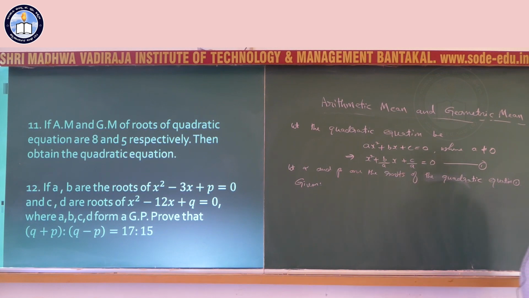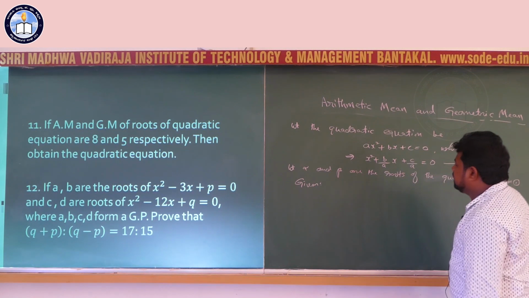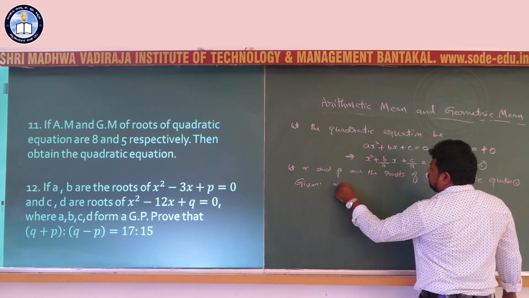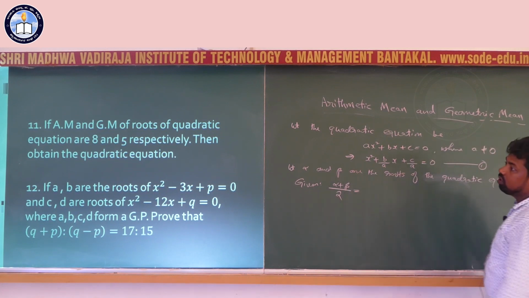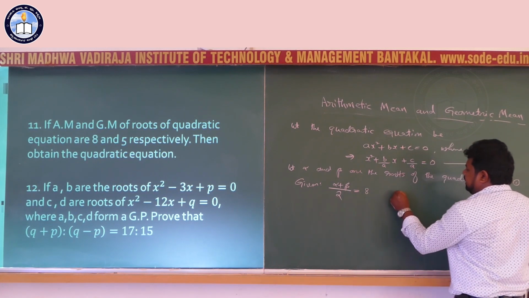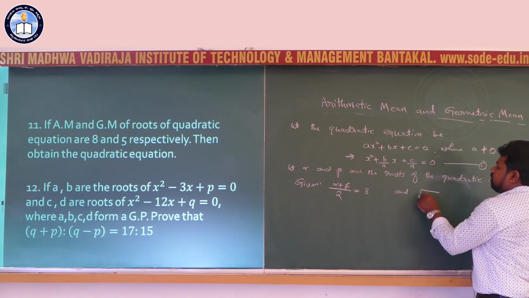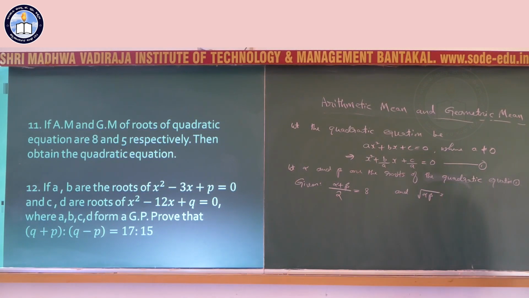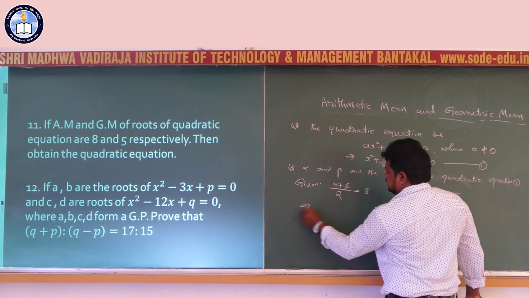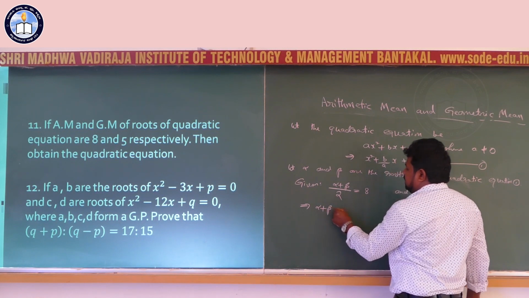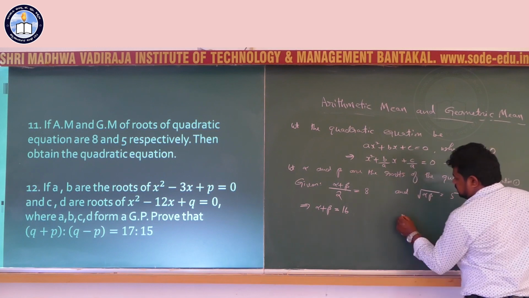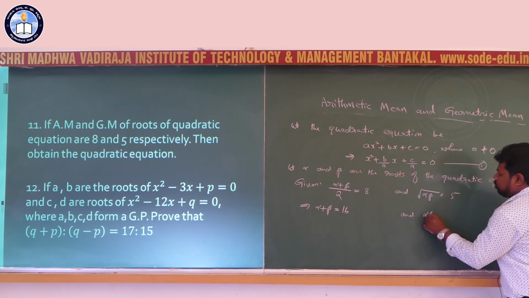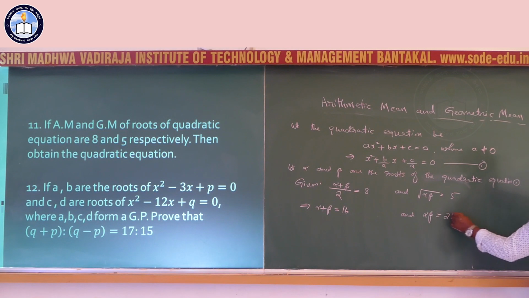Taking roots as alpha and beta, alpha plus beta by 2, the arithmetic mean of them, is equal to 8, and square root of alpha beta is equal to 5. It implies alpha plus beta equal to 16 and alpha into beta equal to 25.